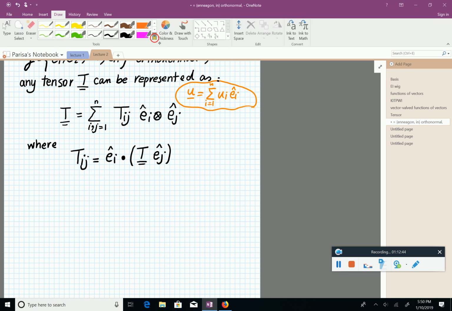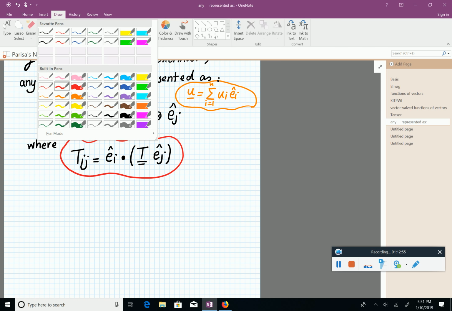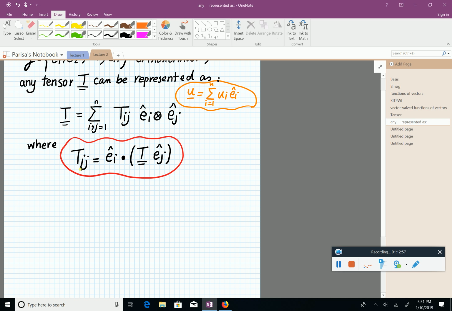We are going to see a lot of this. Is T_ij a scalar, a vector, or a tensor? It's just a scalar, right? And on the other side is also a scalar, so we are all good. Two vectors dot product.